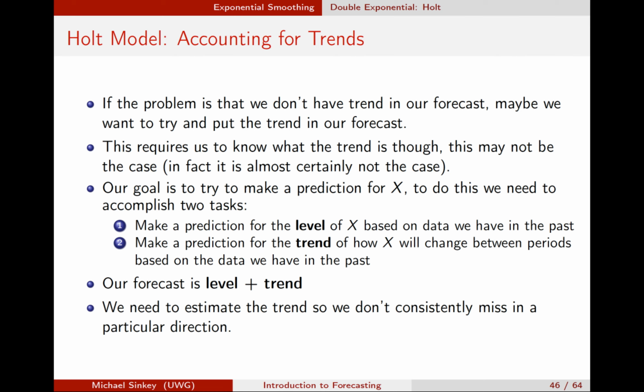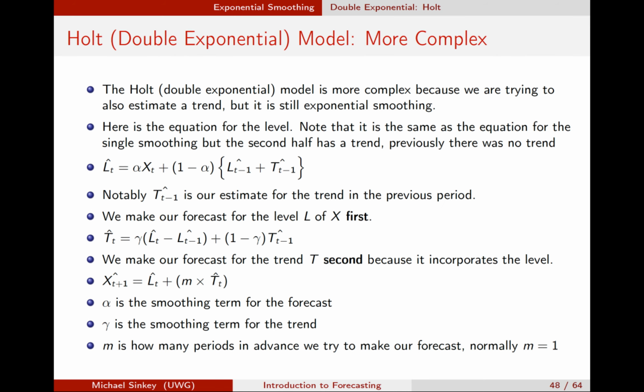And so what do we have to do? We have to estimate the trend. Now we're going to do it with the Holt double exponential smoothing model. It's a little bit more complex in that not only are we trying to make a level prediction, but we're also trying to think a little bit carefully about where the time series is going. So there are 3 equations for the Holt double exponential smoothing model.